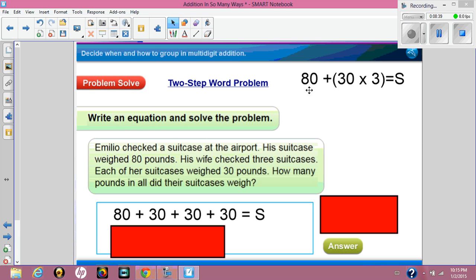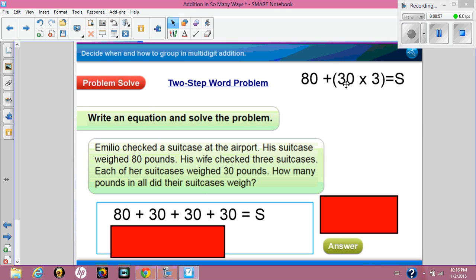Now I wanted you to see another way that we could write this equation, by creating a two-step equation with a multiplication portion in it.